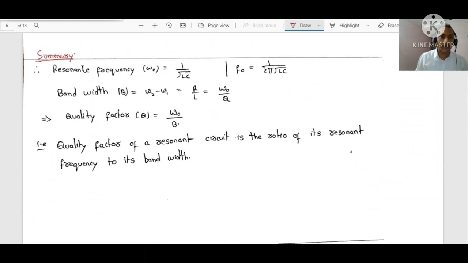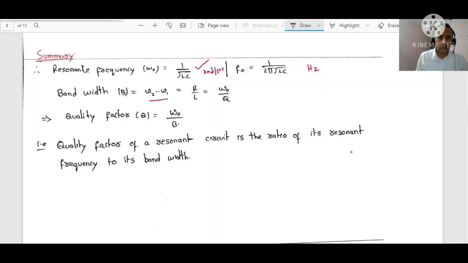Of course, this is the summary. Once again, I will repeat. Resonant frequency omega naught equals 1 by root LC, with units of radians per second. If you want to express it in hertz, f naught equals 1 by 2 pi root LC. Bandwidth is equal to the difference of the half power frequencies, omega 2 minus omega 1.